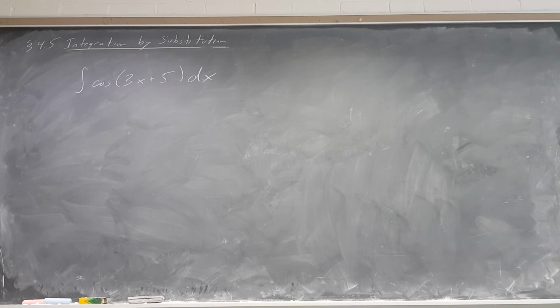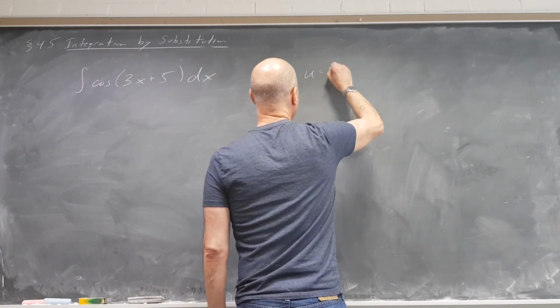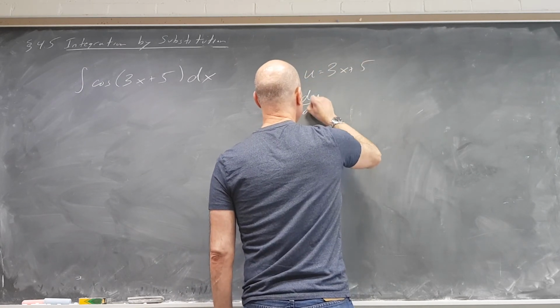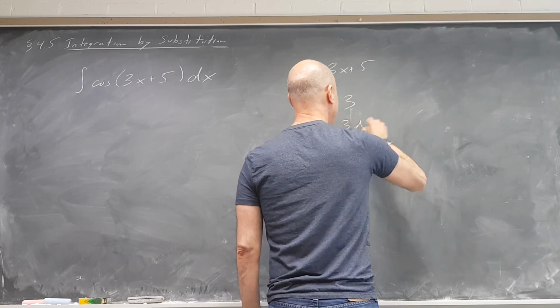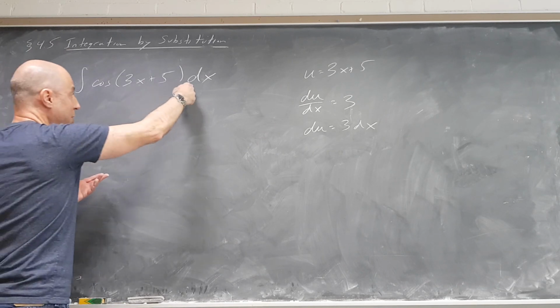What's my u? It's the inside part of the composition, 3x plus 5. So du dx is just 3. So du equals 3 dx. I'm going to go ahead and put that 3 over here.